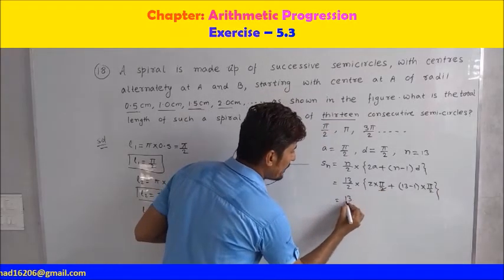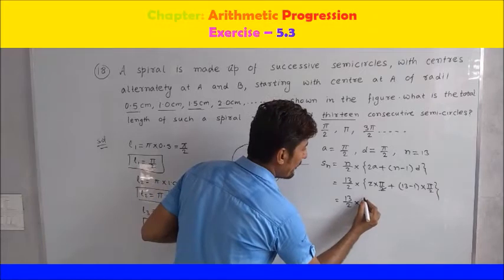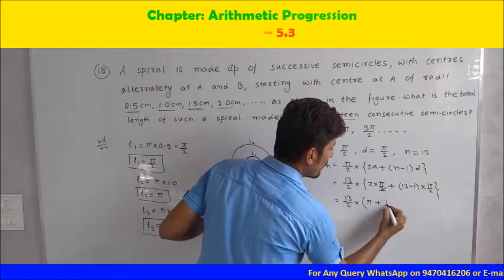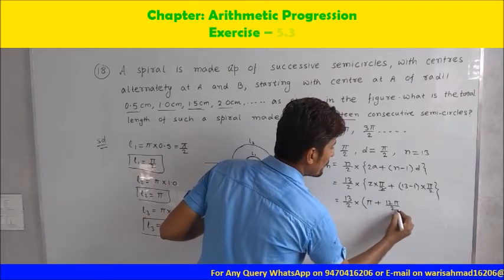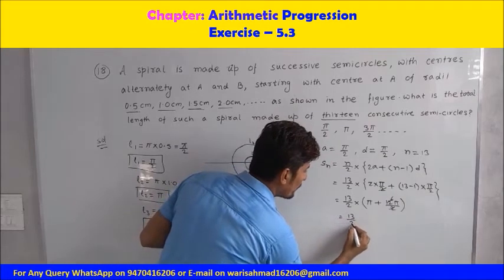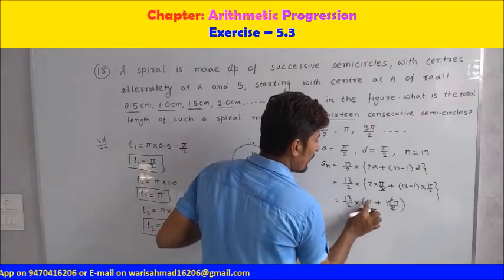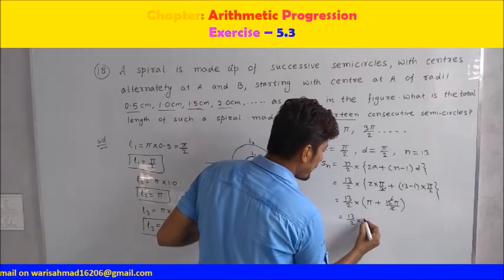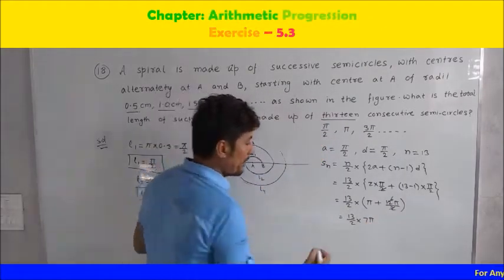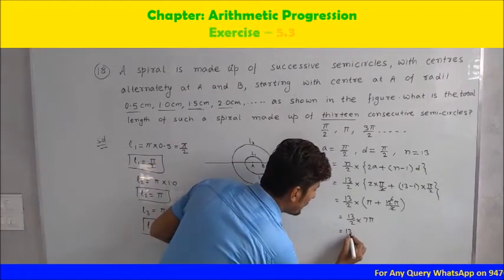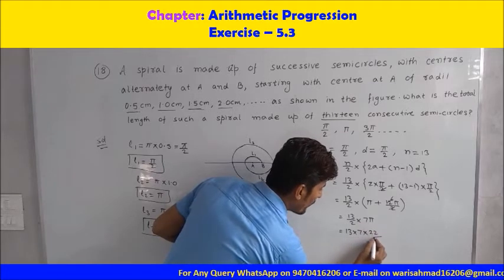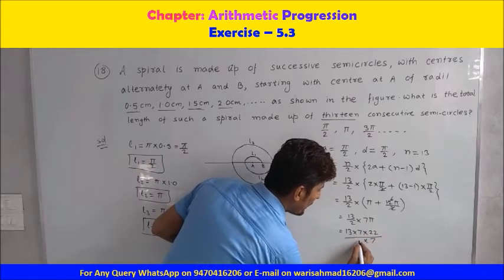Here we can write 13 upon 2 multiplied by pi plus 12 pi upon 2. Here we can write 13 upon 2 multiplied by 1 pi plus 6 pi equals 7 pi. So we can write here 7 pi. After that we have to put the value of pi. We can write here 13 into 7 into, in place of pi we can write 22 upon 7, multiplied by 2 also.